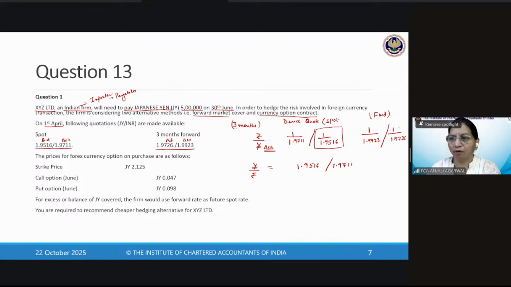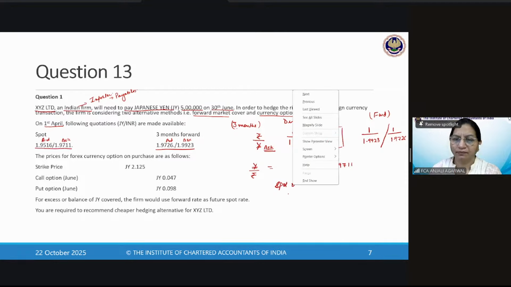But if you apply the forward rate, you end up paying 1 upon 1.9726 into 500,000. So let's calculate what is the outflow in spot. Though we don't need the outflow in spot, because we are ultimately making the payment on 30th June.